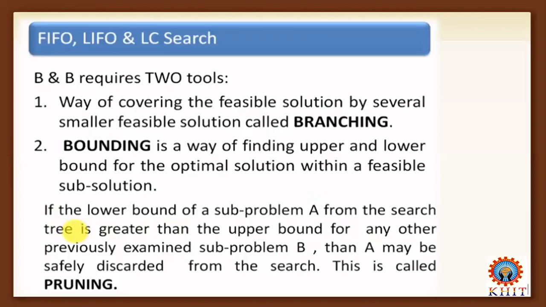Those solutions are called feasible solutions. Branching can be done by constructing a state space tree. While constructing the state space tree in a number of iterations, there is a possibility of getting the answer node in any one of the iterations. So friends, you need to focus on these two tools, branching and bounding. These play a vital role in this chapter.